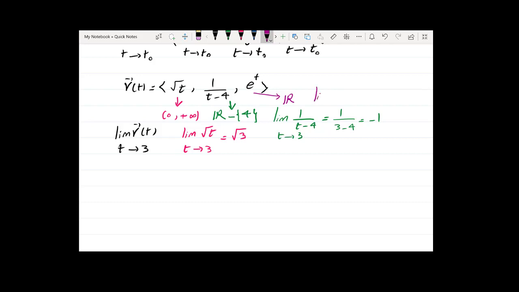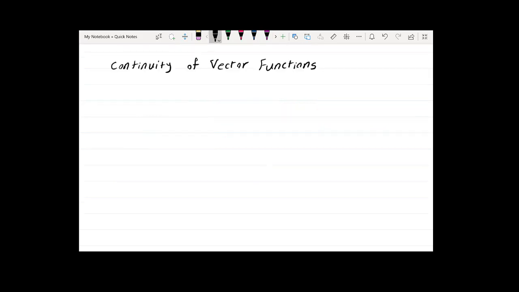So the limit of e to the t when t approaches 3 exists and is equal e to the 3. Therefore, the limit of r of t when t approaches 3 is equal square root of 3, negative 1, and e to the 3.